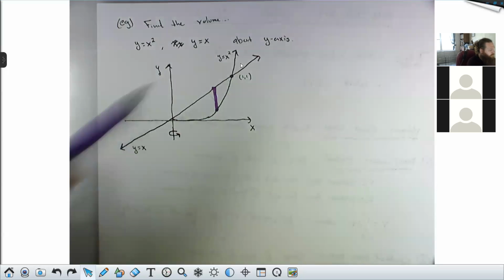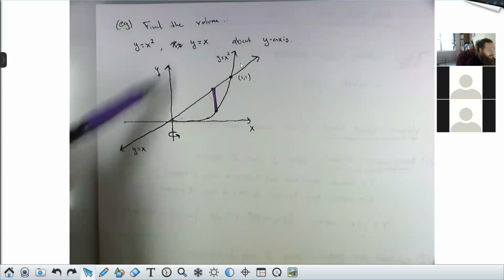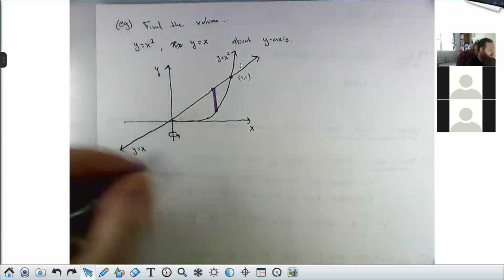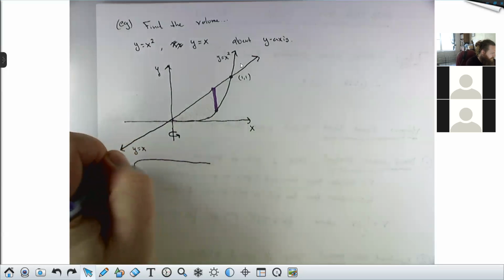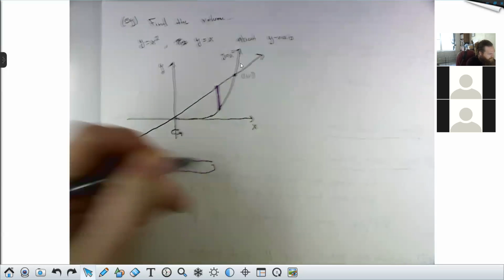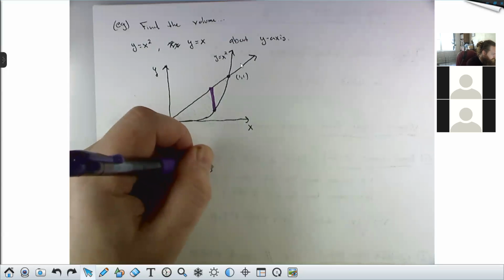Okay, so here's my region, the curves, axis of rotation, and I've drawn my strip parallel to the axis of rotation. Now I imagine rotating just that strip. I know that's going to produce a little solid that looks something like this.